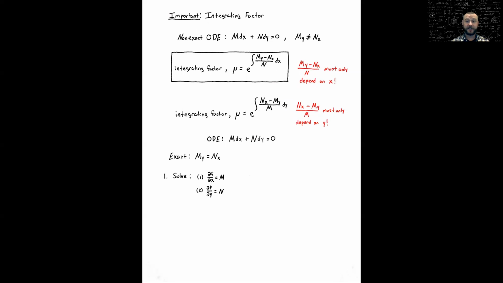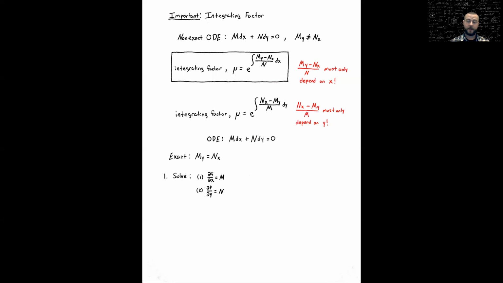Ideally, this is exact. If this differential equation is exact, we solve these two equations to figure out the function little f that we've been using notation-wise in the previous lecture. We summarize that as: integrate one equation, compare with the other, and it falls into place.